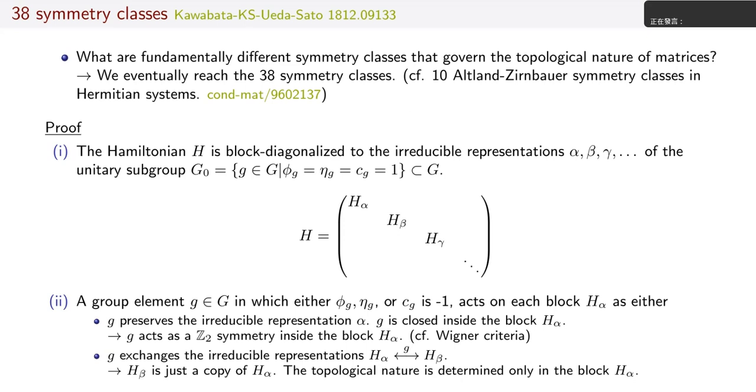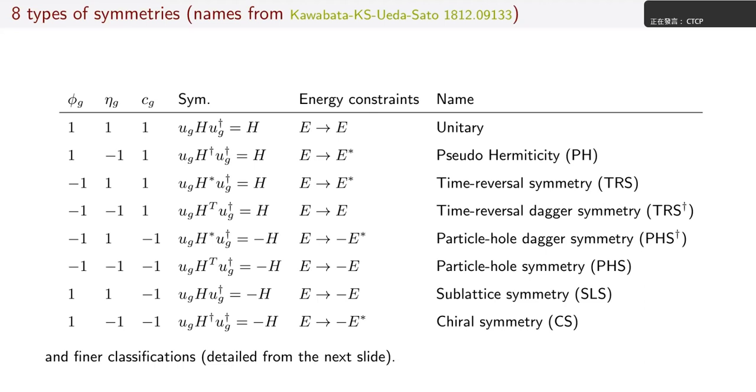So for each irreducible block, the other symmetries which are not unitary act as a Z2 symmetry. Because except for unitary symmetry, if we consider this type of symmetry twice, we get the unitary symmetry, right?